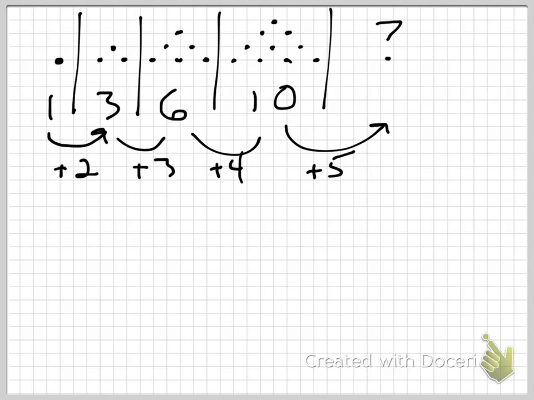Do you notice that on each one of these we're adding a bottom row that has one more than the previous bottom row? This had 1 in the bottom row, so we're adding 2 here. This one had 2, we're adding 3 here. You see what I'm talking about? You see it?